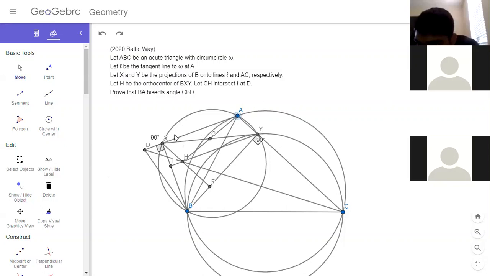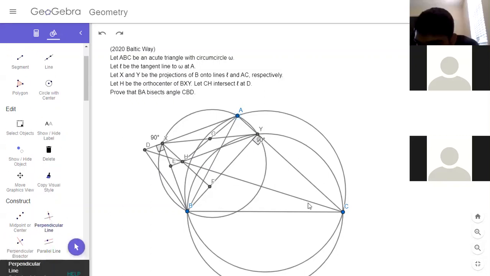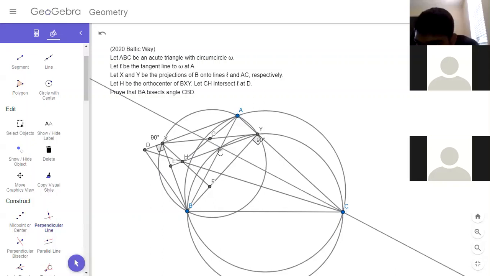If the foot from C to AB is Z, hold on just a sec. The Z is on YE. All right, so I'm going to take your suggestion. If the foot from C to AB is Z, yeah, so it will lie on that circle.